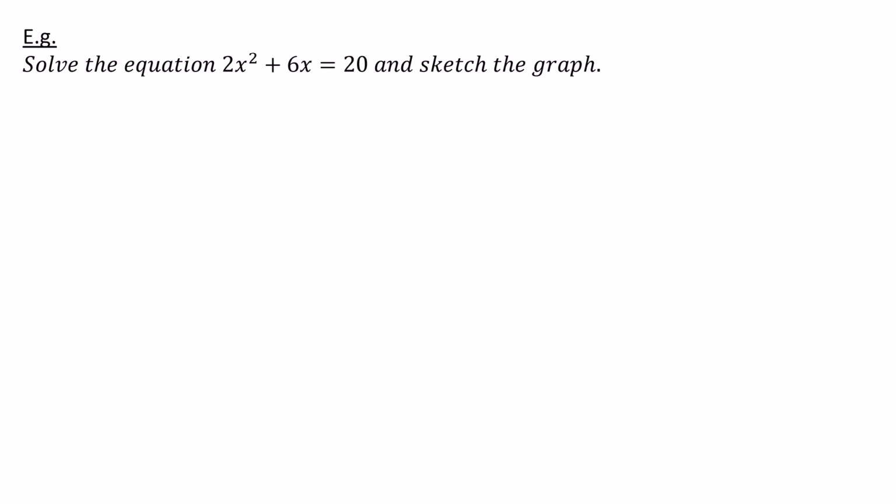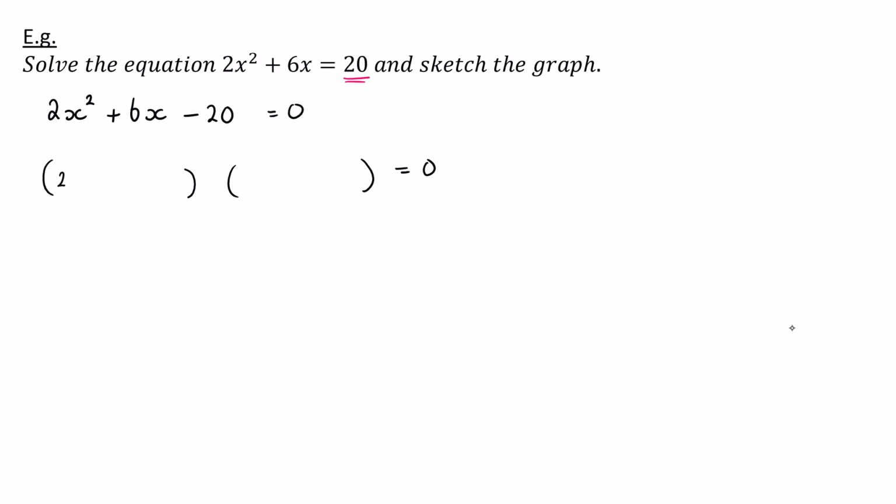Now, it's really important to recognize that the first thing you need to do is to rearrange to make the equation equal to 0 before you can solve it. And then you can factorize.